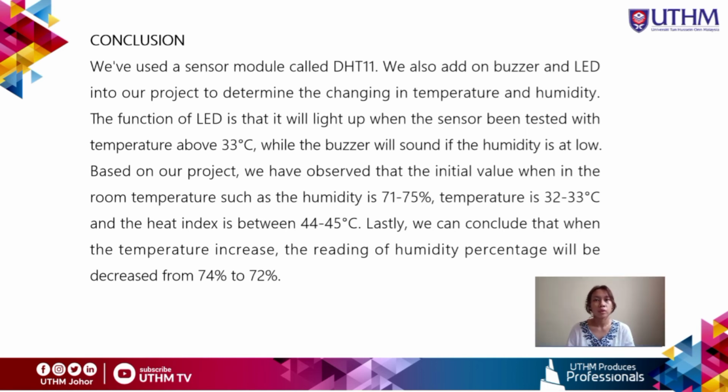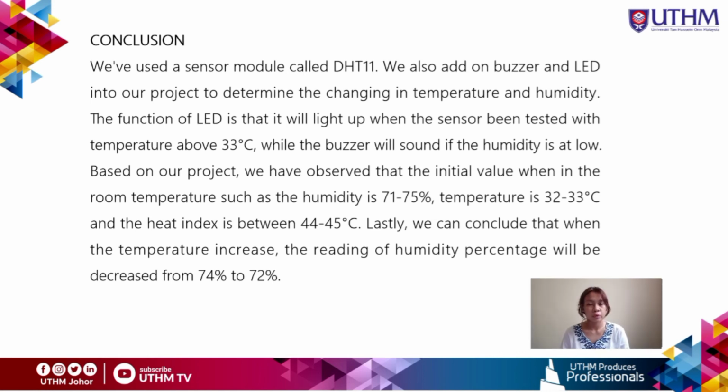We also add on a buzzer and LED into our project to determine the changing of temperature and also humidity. The function of the LED is that it will light up when the sensor is tested with temperature that is above 33 degrees Celsius, while the buzzer will make a sound if the humidity is low.